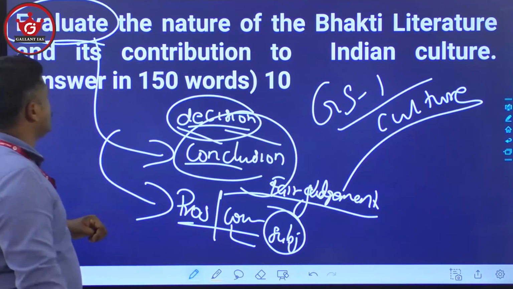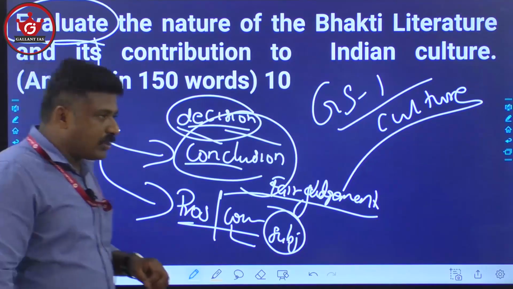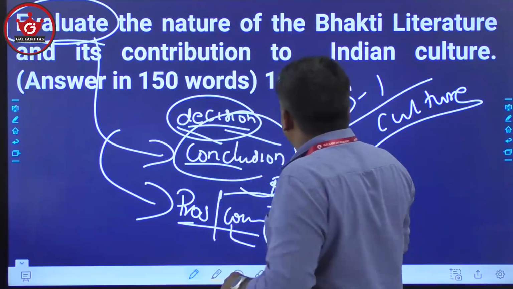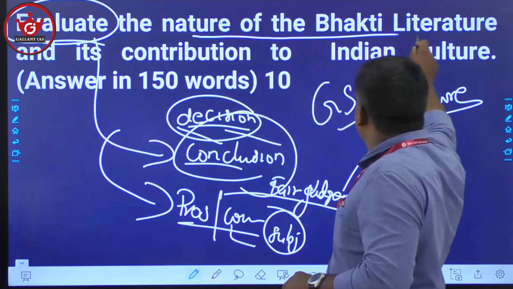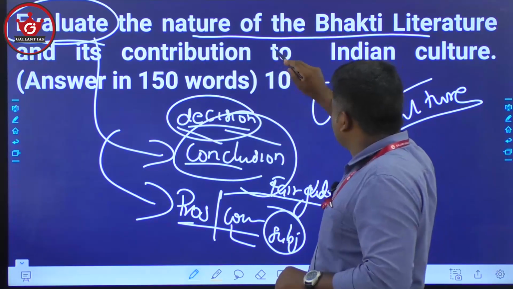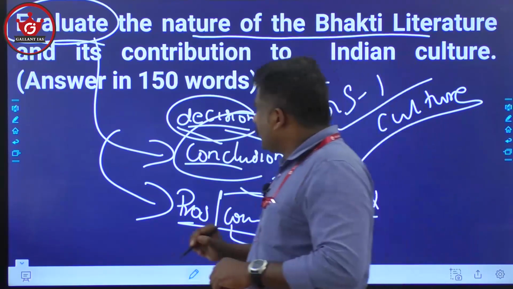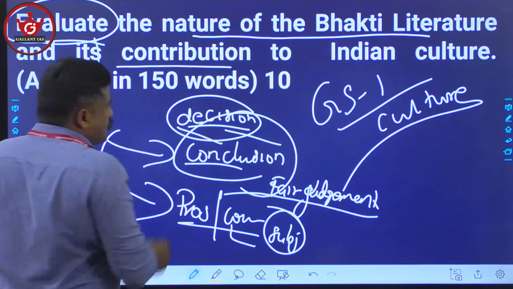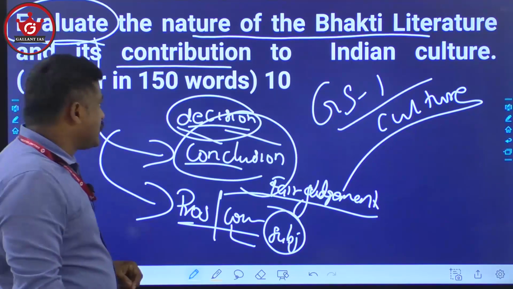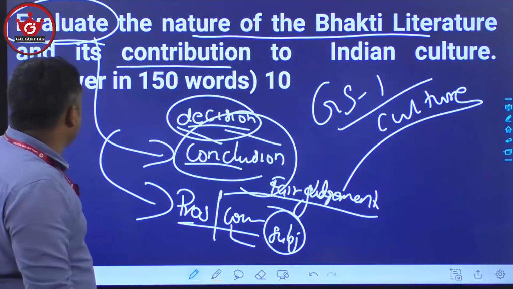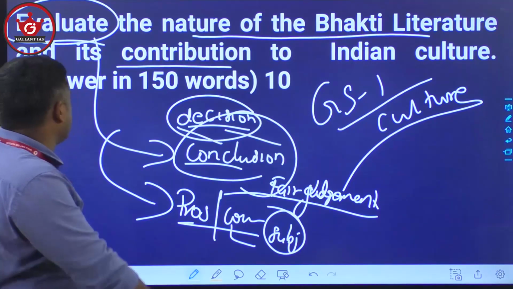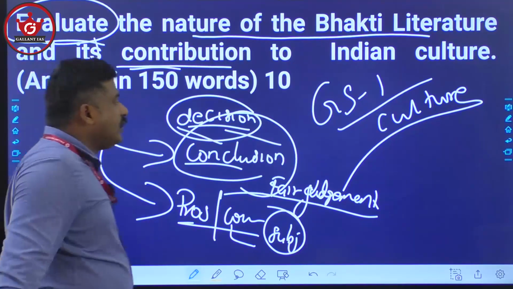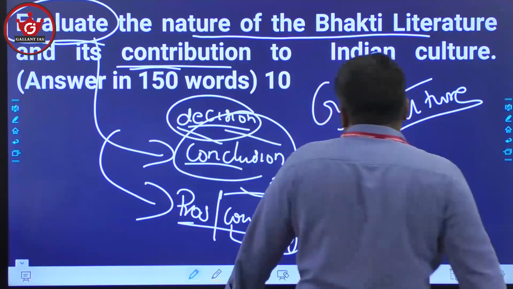That is what evaluate means. Now see what you have to evaluate here: the nature of the Bhakti literature and its contribution to Indian culture. It's not the Bhakti movement, it is Bhakti literature.